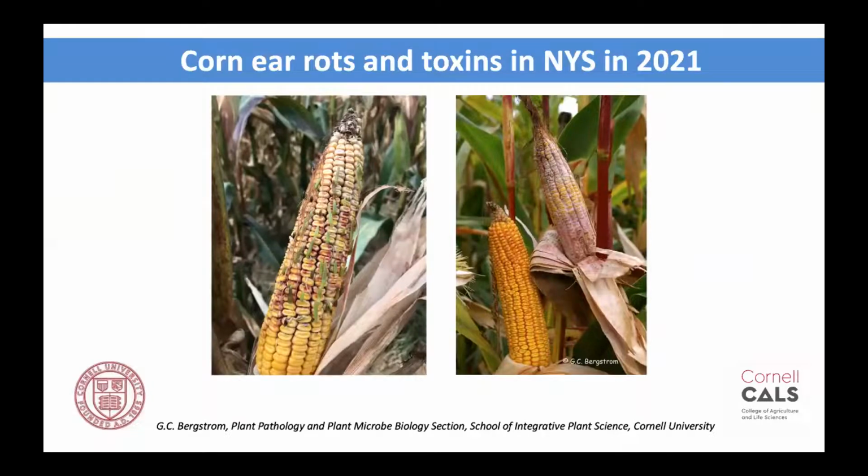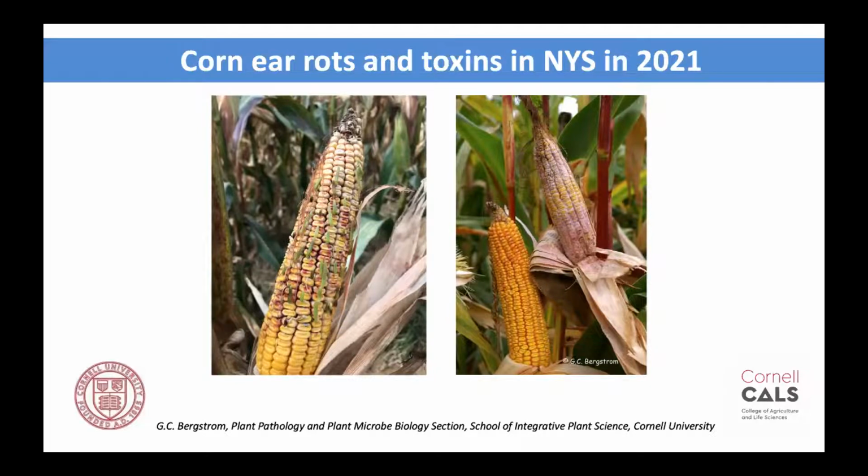So it's very interesting. We run into ear mold problems nearly every year in some location on corn. But there was some really hot development of ear molds with the extreme weather patterns that we had this year.